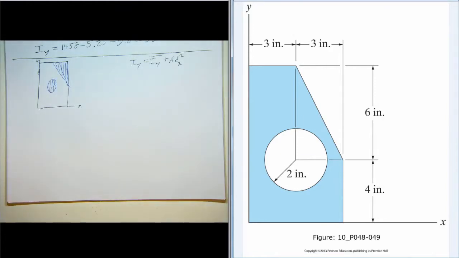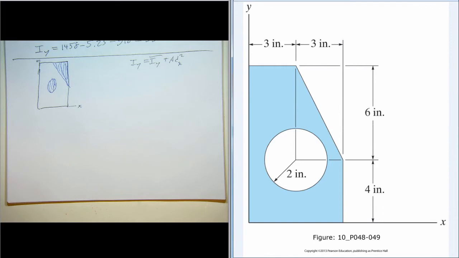So, to review, the moment of inertia is important in one application of bending stress. It's determined about an axis, and it grows the farther the area is from the axis.